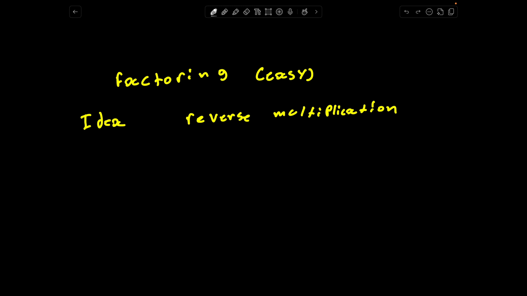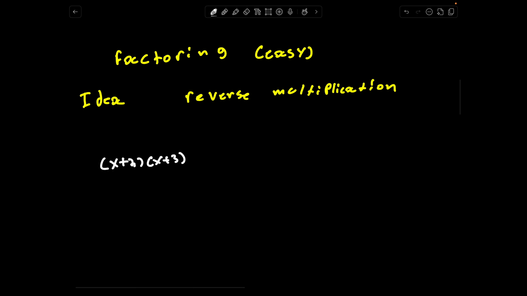So for example, let's say I give you x plus 2 and x plus 3, and I multiply it out. How we multiply this is get the first term, multiply it by the next term, and then multiply it by the second term. So that gives us x squared plus 3x.